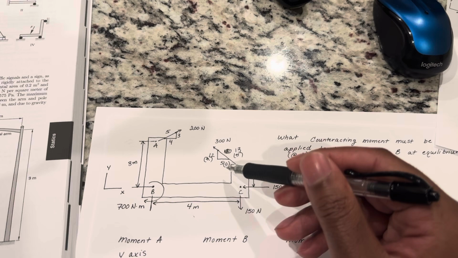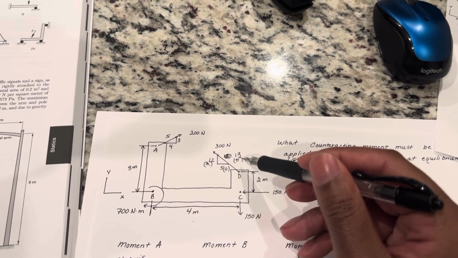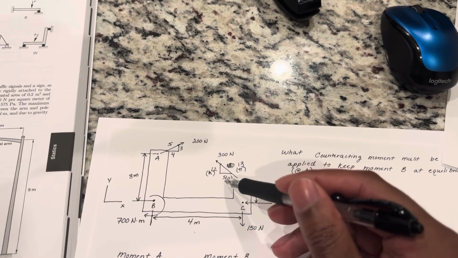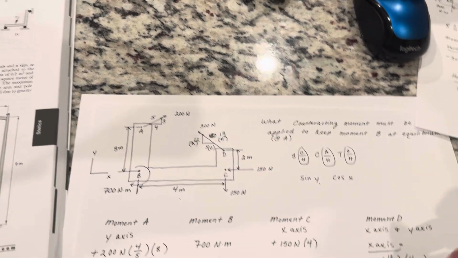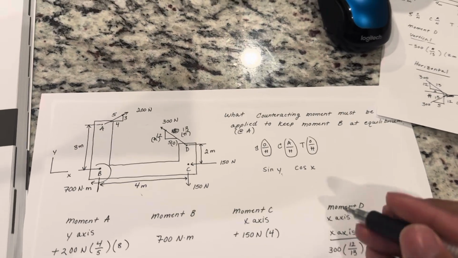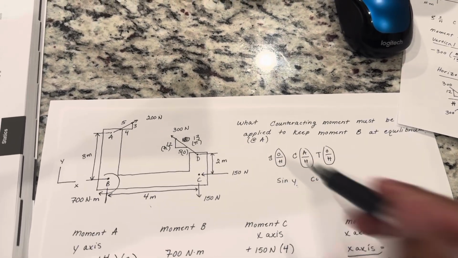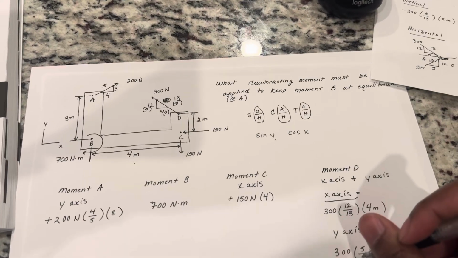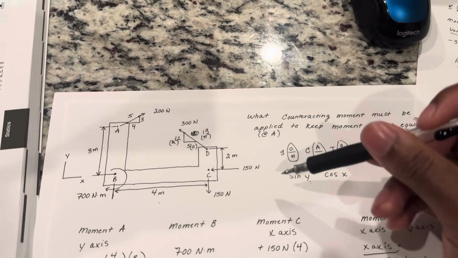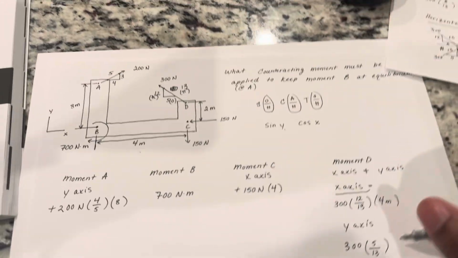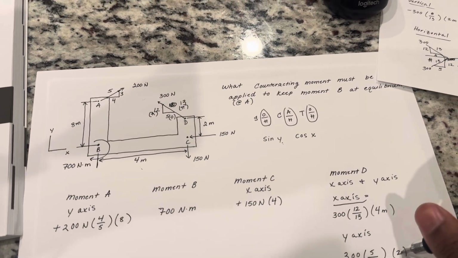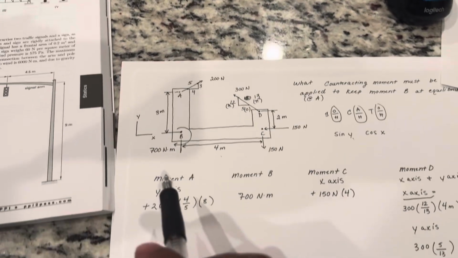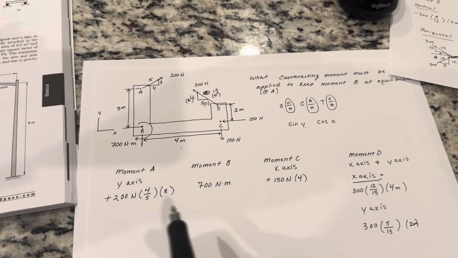So your opposite is 5, and your hypotenuse is 13. So again, we got that from the triangle. So it'd be 5/13. And what is that distance in the y-axis? It is 2. So that'll be 2 meters. Okay. We now have accounted for all of the moments that we need.